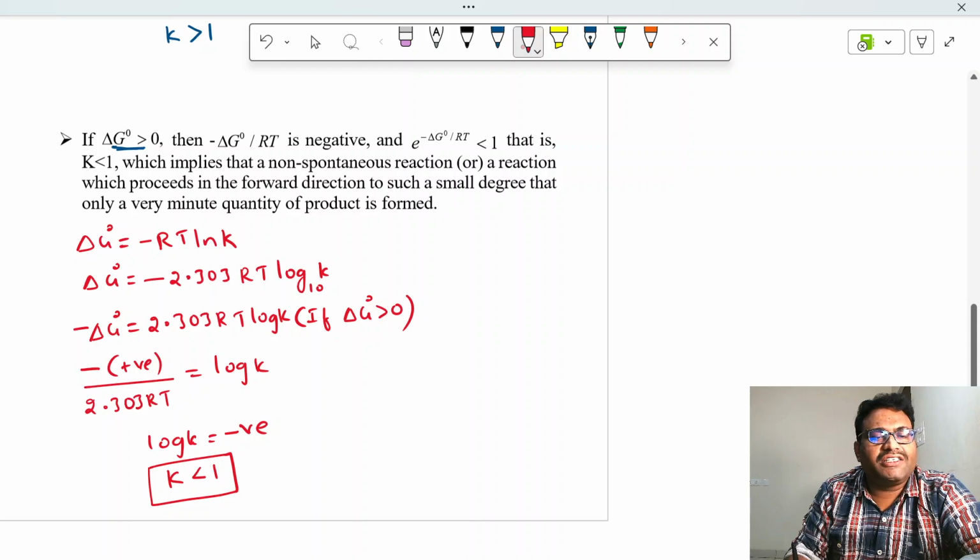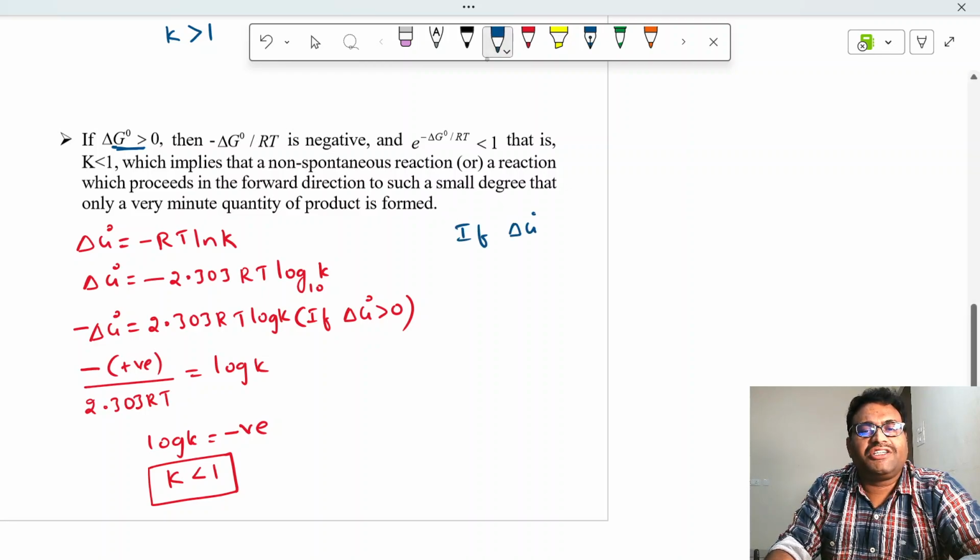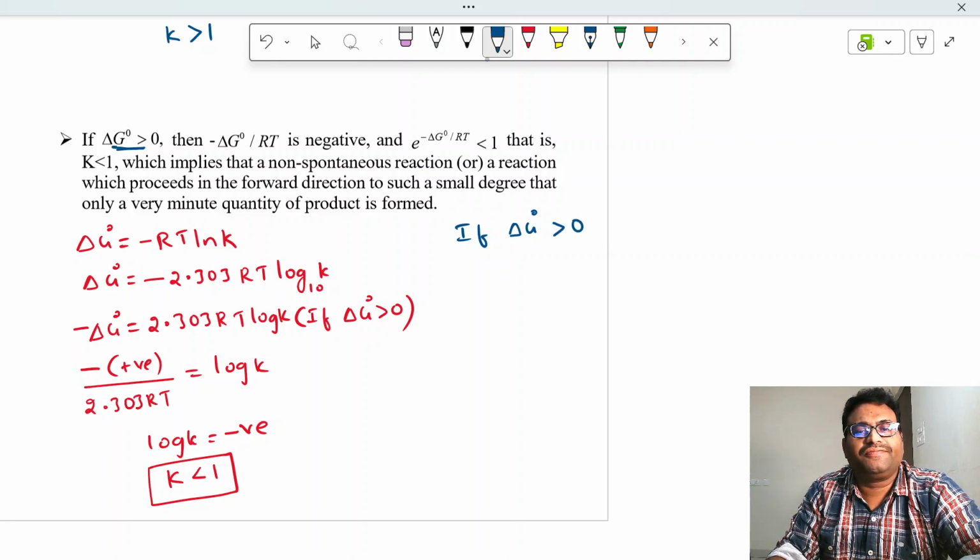If log K is negative, K will be less than 1. Right? So what condition is important? If delta G naught is greater than 0, that means positive, then K will be less than 1.